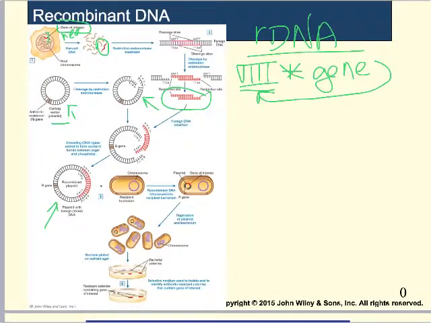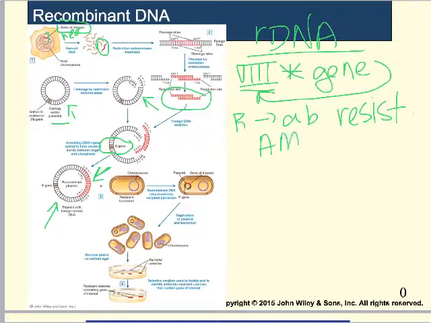So you end up with a plasmid that's recombinant, so it's got DNA from two different sources. The other thing on this plasmid is an R gene. Remember, those are genes that code for antibiotic resistance. So let's pretend this one codes for ampicillin resistance.